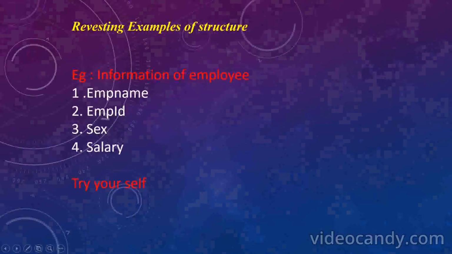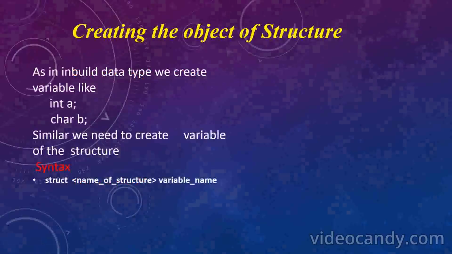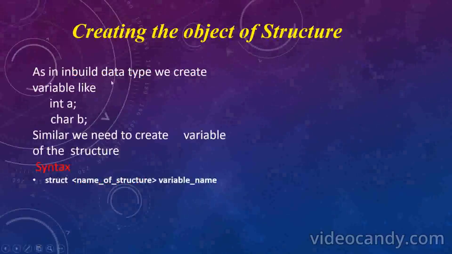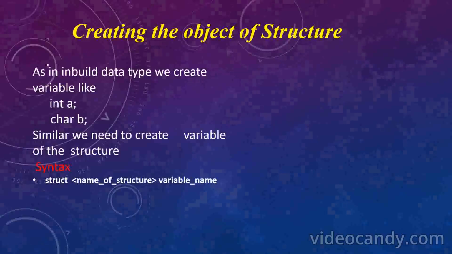Now, another part is creating the object of a structure. As with an inbuilt data type, we create variables like int a. Here we are creating an object or a variable of integer type. Similarly, char b is a variable of which type? Character. Similarly, in a structure we need to create a variable. So how do we do that?